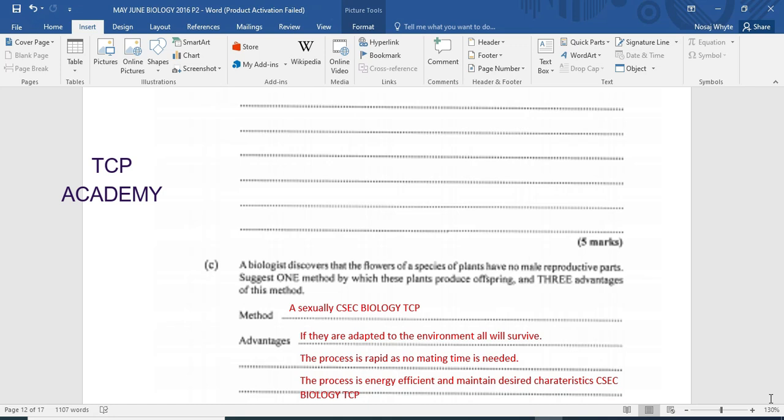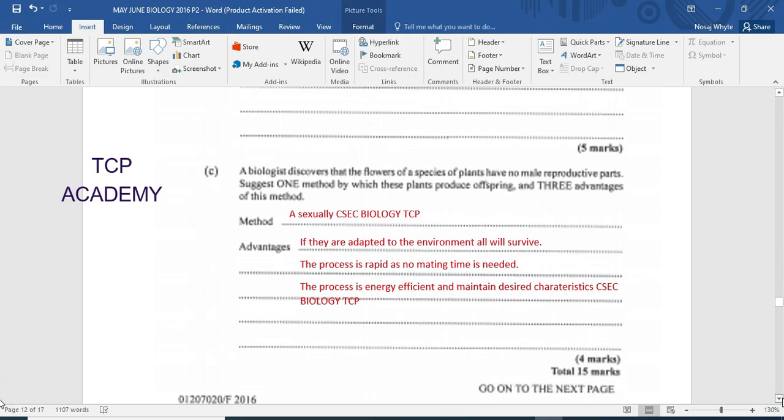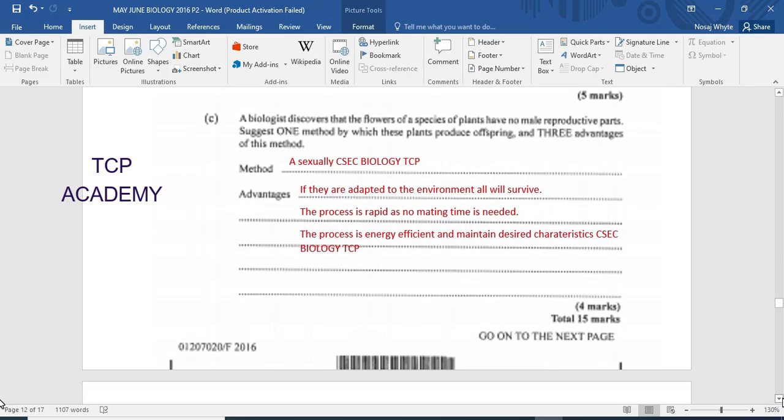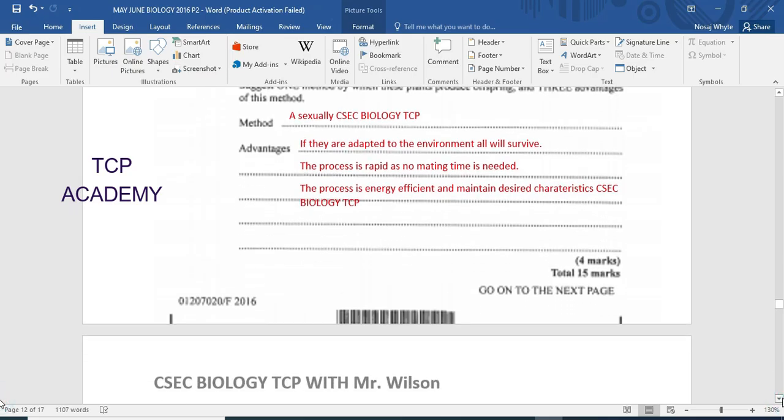The process is rapid as no mating time is needed. The process is also energy efficient and maintains desired characteristics if there are, of course, desired characteristics. We're looking at a croton and you were supposed to pull a part of that stem and plant it, you'd get the exact croton, so that desirable trait would have been maintained.